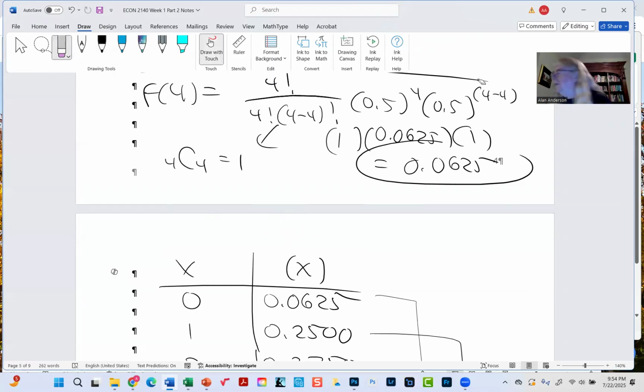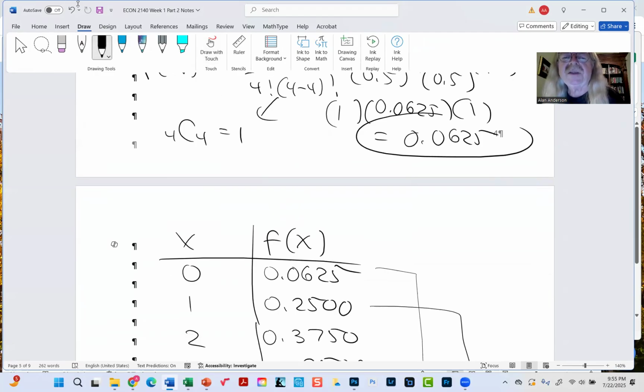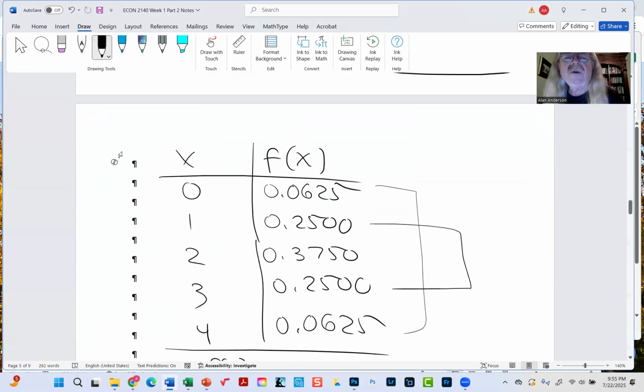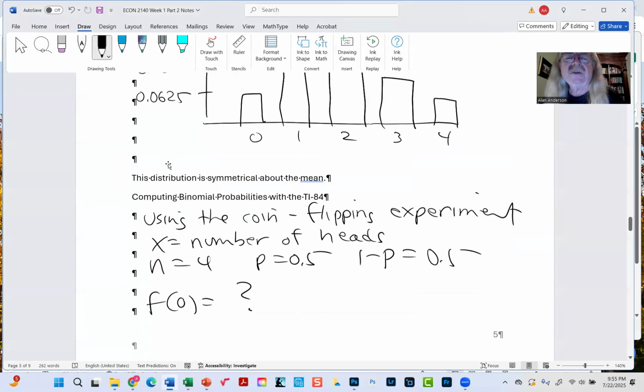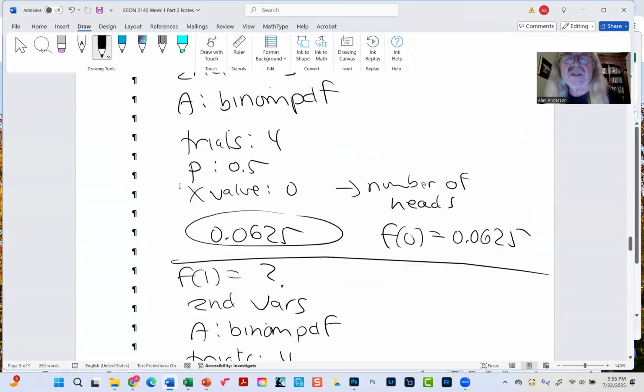All right, so let's change that to an F. Just to be consistent, the book is using F of x. We may as well stick with it, but all the other books I've ever used P, so it's going to take me a while to get used to that.